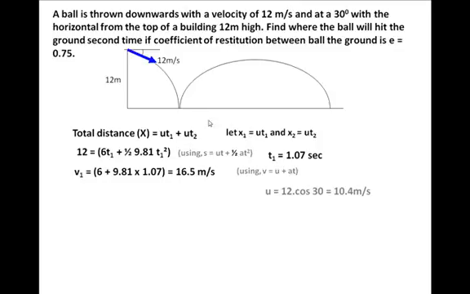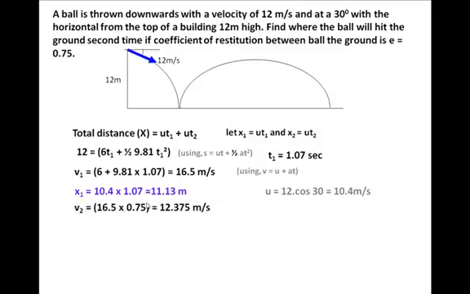Then the horizontal velocity u is given by 12 cos 30, so that is 10.4, and x1 therefore is horizontal velocity 10.4 into the time 1.07, so that is 11.13 meters.